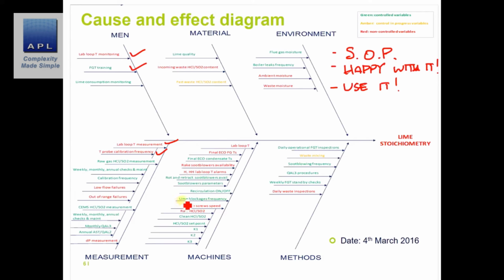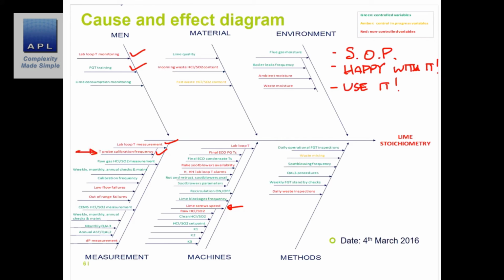Now you can see there are a number of red variables. Things like, look at this, the lime screw speed. That sounds like it might be important, doesn't it? What else have we got? There's a calibration routine somewhere here. The T-probe calibration frequency isn't under control. Again, that sounds important.